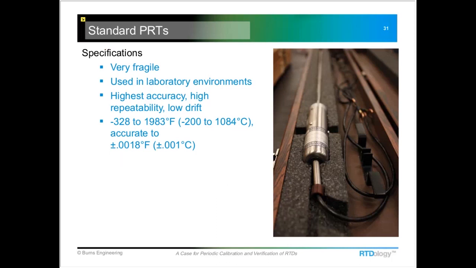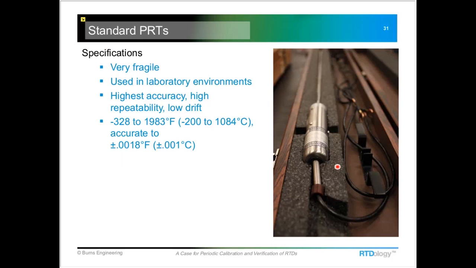An SPRT like this one is very fragile and can run $10,000, about $5,000 for the probe and another $5,000 for a calibration. Calibration of these is typically done with fixed points, so you might have melting or freezing points of various metals that are used as fixed points.